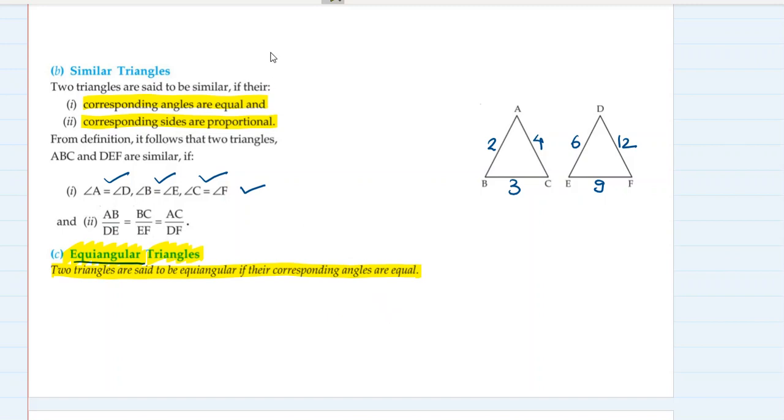Yes, they will be similar. So learn this thing, understand this, that equiangular triangles are always similar. So whenever they use the word equiangular triangle, you will read it as similar triangles. No question asked. If the corresponding angles of two triangles are equal, then they are equiangular or similar triangles. That's also a term which they are going to use often.